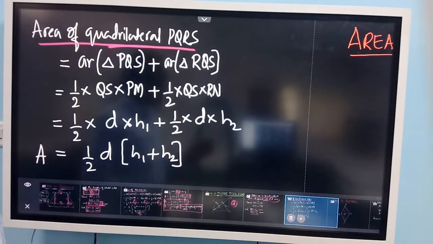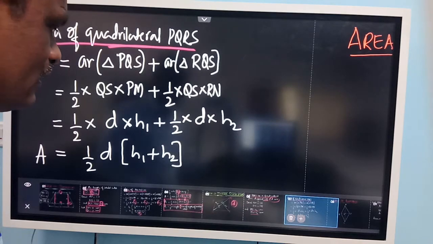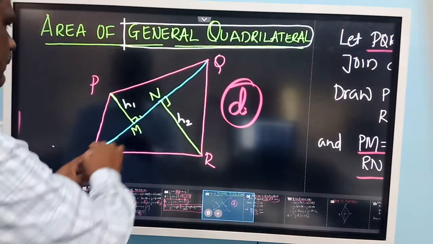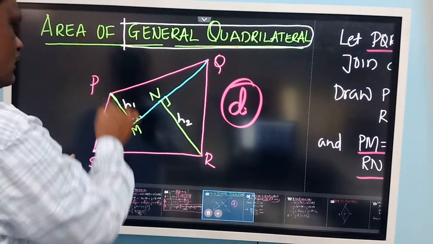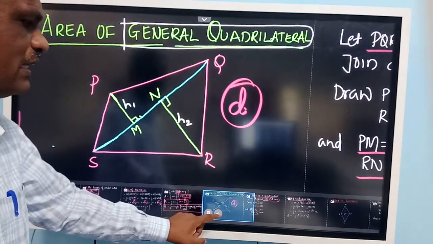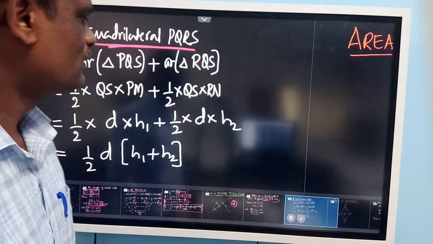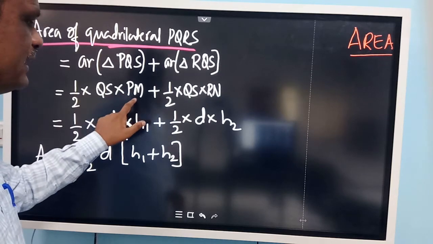What is the formula to find out the area of the triangle PQS? Half into base into height. See the diagram. Base QS, height PM. Half into base into height.